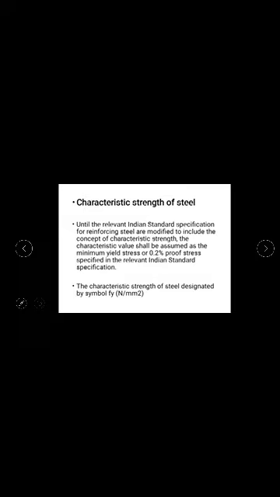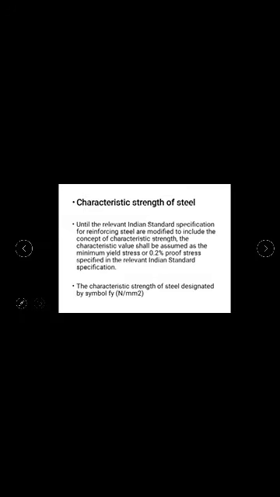Until the relevant Indian standard specifications for reinforcing steel are modified to include the concept of characteristic strength, the characteristic value shall be assumed as the minimum yield stress or 0.2% proof stress specified in the relevant Indian standard specifications. As we can see from the stress-strain curve of steel, steel is strong in tension; it is a ductile material. The final yield stress is not properly determined, because it will be in a state of continuous failing.